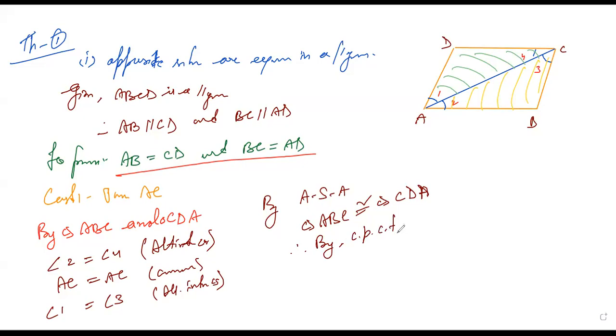Therefore, by CPCT, we know CPCT is the corresponding parts of congruent triangles. So we can say that AB is equal to CD, and BC is equal to AD. So I hope that you all had understood this thing. Is it clear for everyone how the opposite sides are equal in a given parallelogram?